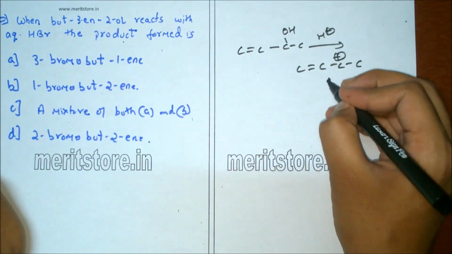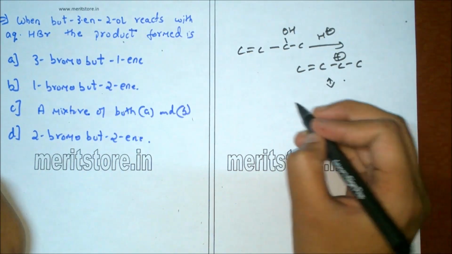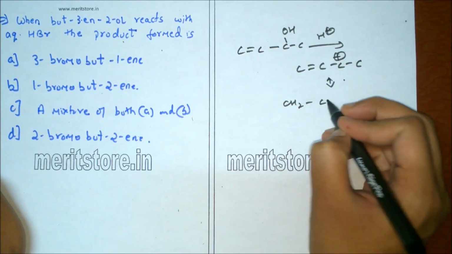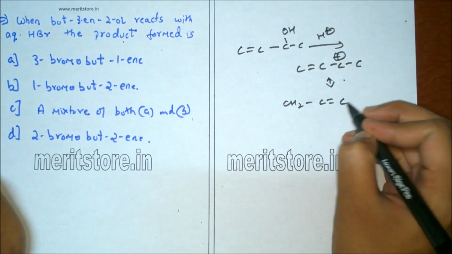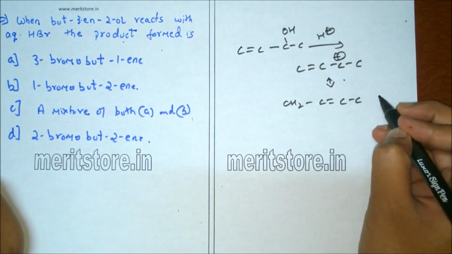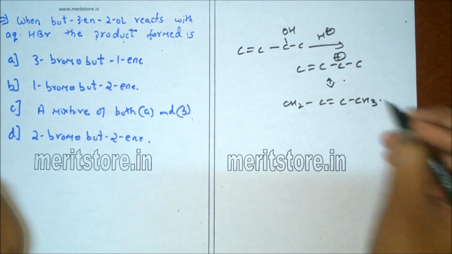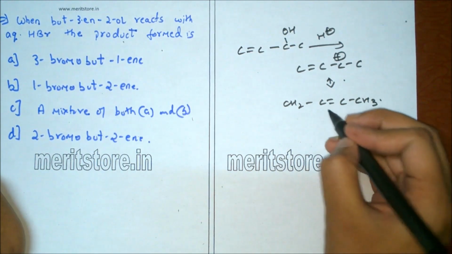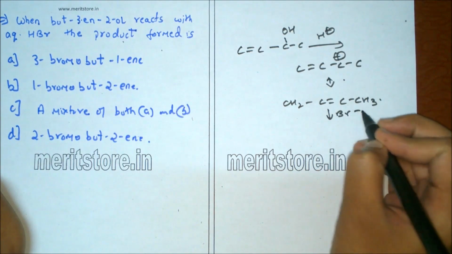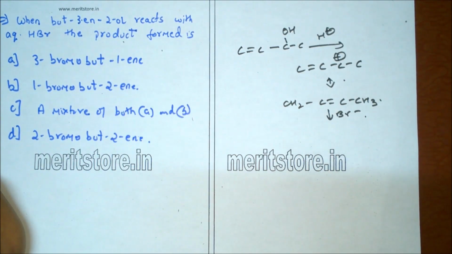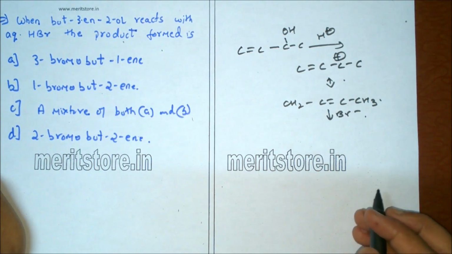This on resonance will give another carbocation, and this on bromination will give the compound 3-bromobut-1-ene.